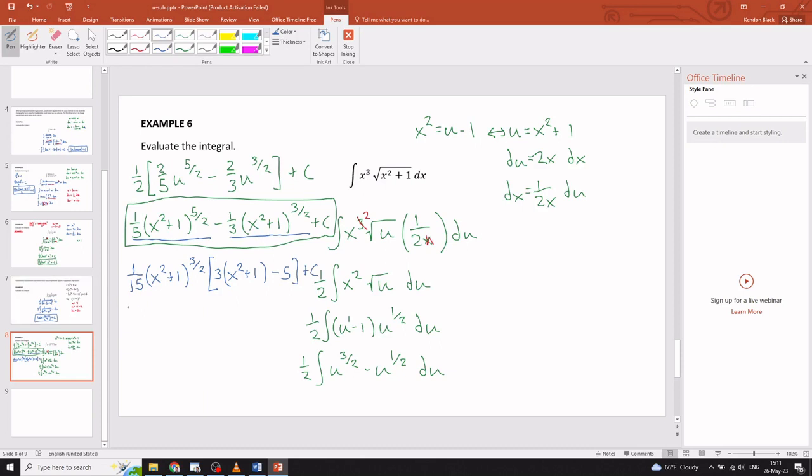Plus c, and we can clean that up a bit. 1/15 x squared plus 1 to the 3/2. 3 times x squared is 3x squared. 3 times 1 is 3, and then we subtract 5, we get minus 2. So that is also a valid answer. It's a little bit subjective which is nicer. I think the second one in blue is a little bit cleaner.